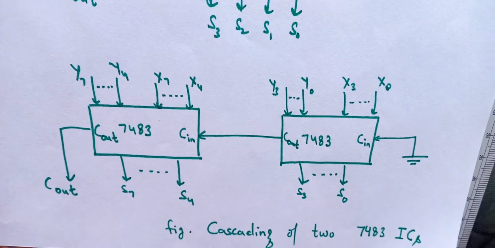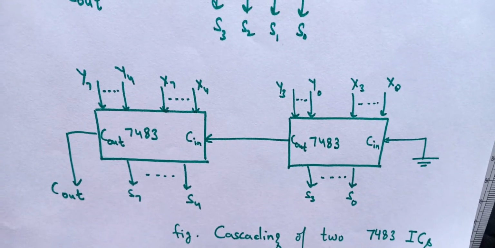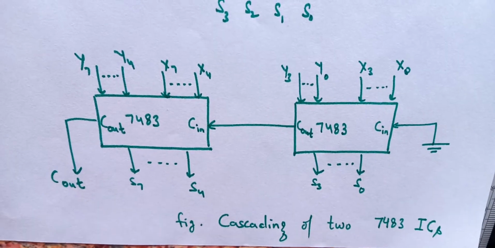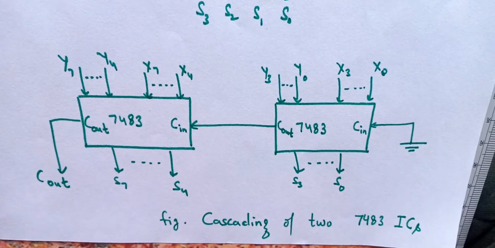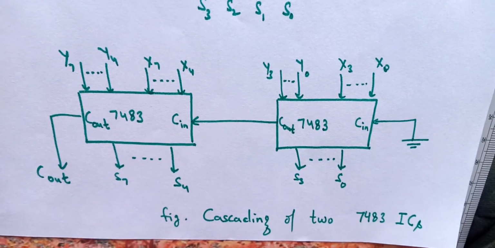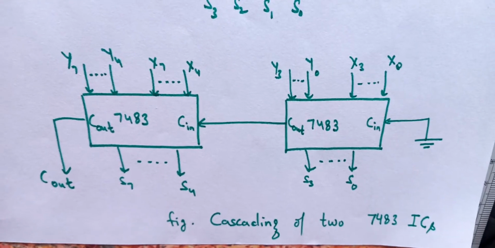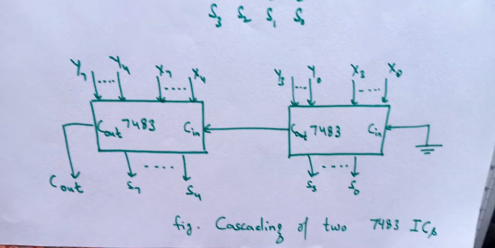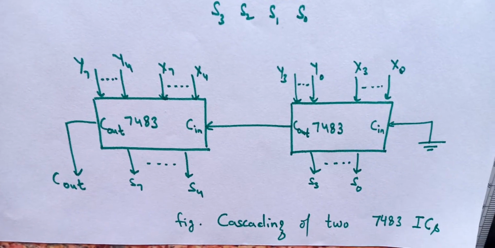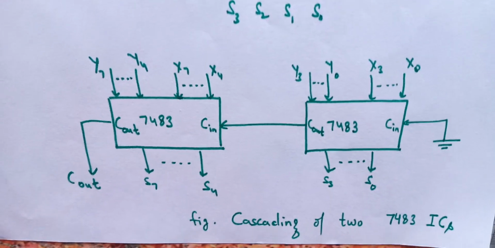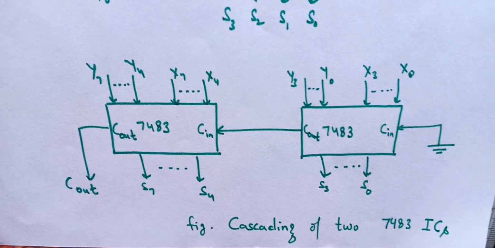So here we can say that X0 to X7 is an 8-bit number, and Y0 to Y7 is another 8-bit number. Both numbers are added to get the result S0 to S7, an 8-bit result, along with any carry if generated, C out. It means two 8-bit numbers X0 to X7 and Y0 to Y7 may lead to a 9-bit result, which is S0 to S7 and C out.